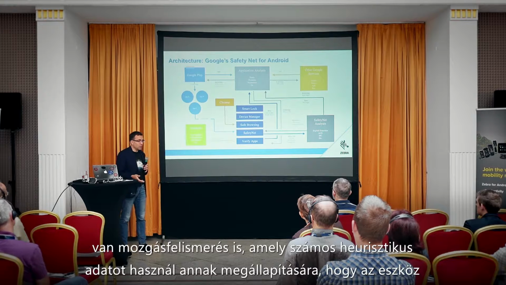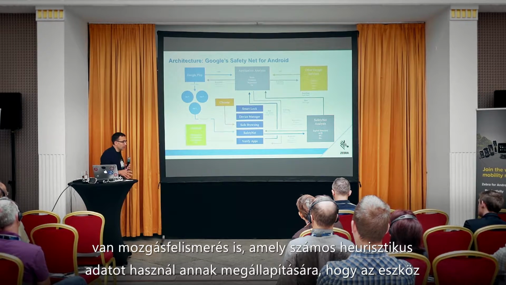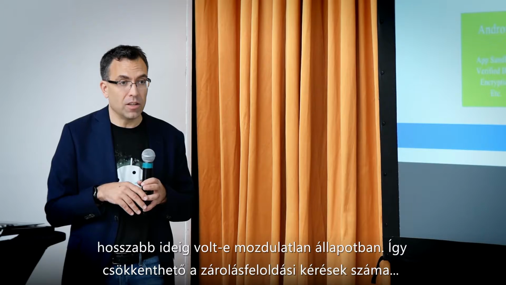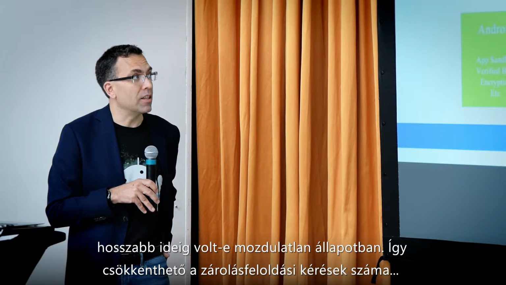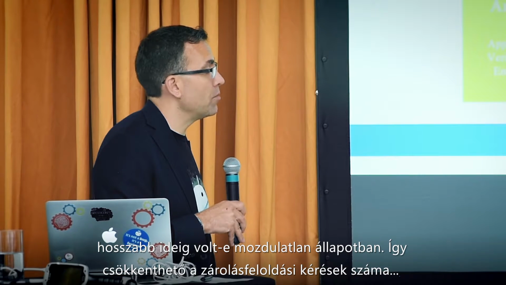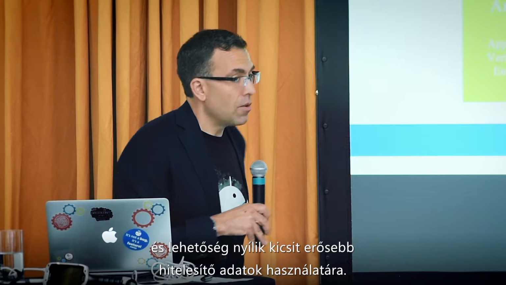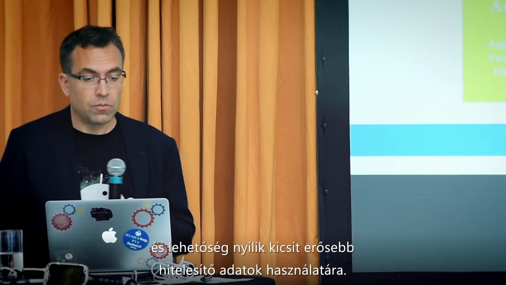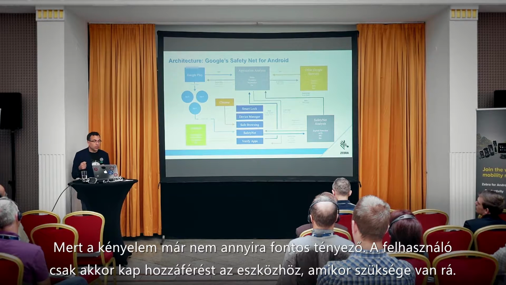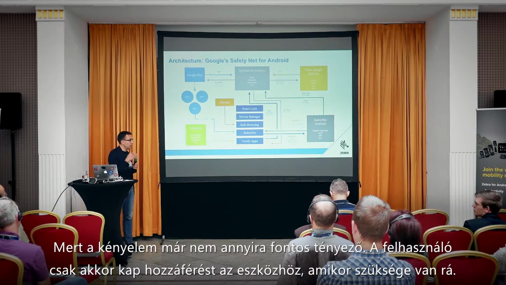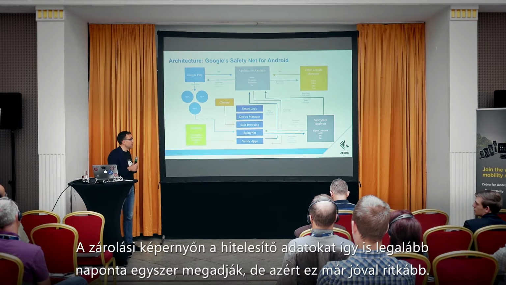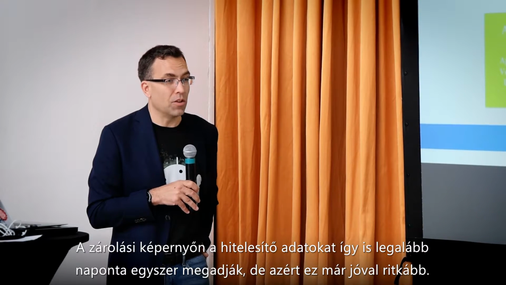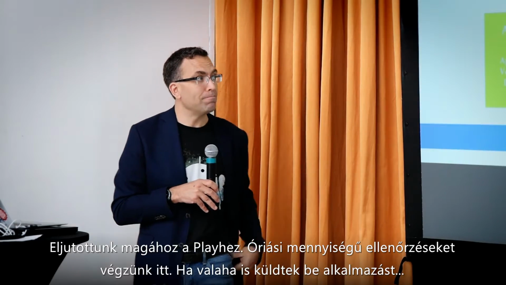Similarly, there's an on-body detection that will use a number of heuristics to determine that the device hasn't been sitting anywhere for an extended period of time. So those can reduce the number of times that the user is asked to unlock, which allows you to have a credential that's a little bit stronger because convenience isn't nearly as much of a factor now. They've got access to their device when they need it, and then they present their lock screen credentials at least once a day, but certainly less frequently.